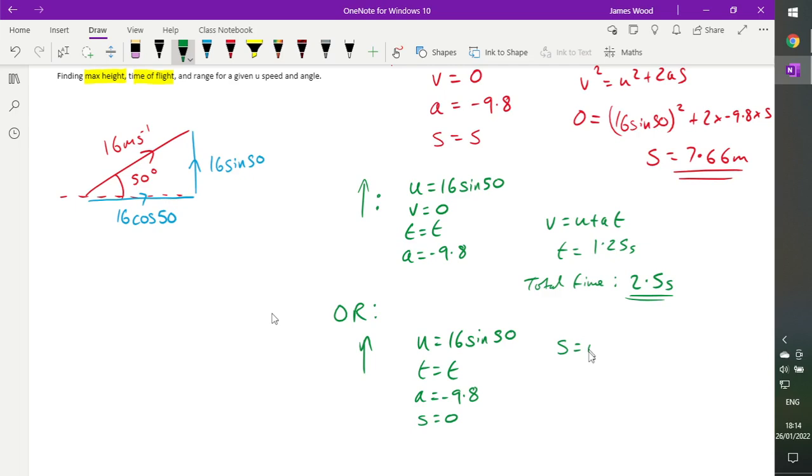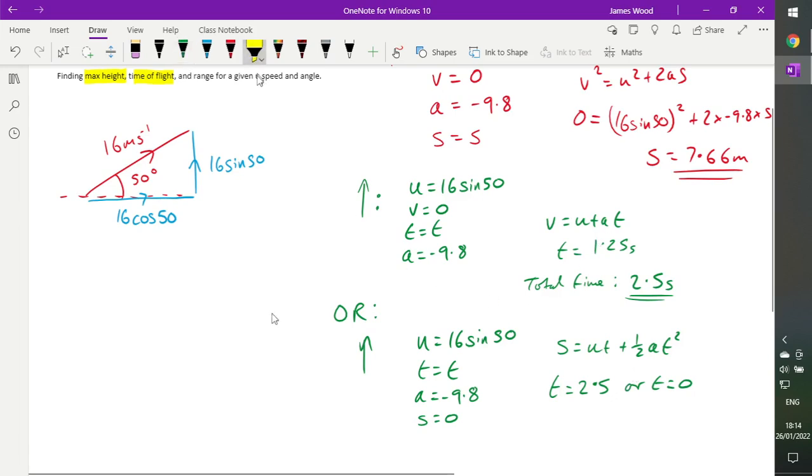And we can then use s equals ut plus half at squared. And we will then get 2 answers out if we do that for t. We'll either get t equals 2.5, just like we did for the last one, or we will get t equals 0, because the other moment in time when its displacement is 0 vertically is at the start, when t is 0. So we can do it that way.